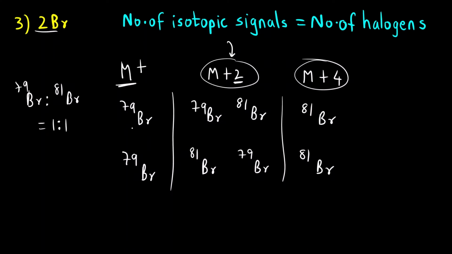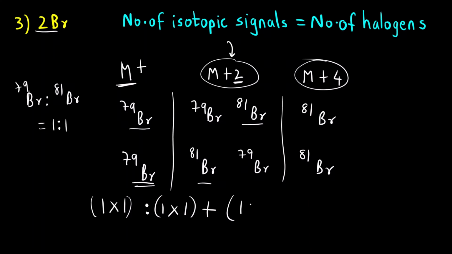Okay, so now how do you find out the ratio? You multiply. Take the value of 79Br, 1, into another 79Br, another isotope is 79Br, so 1. Okay, this is for the M plus ion peak. Then this line means you have to take the ratio like this. Then 79Br is 1 into 81Br is 1. Now in between, the other possibility, what we will do, we will add.